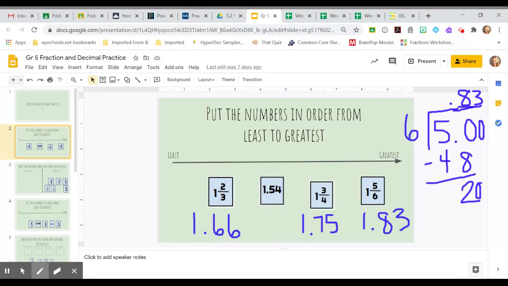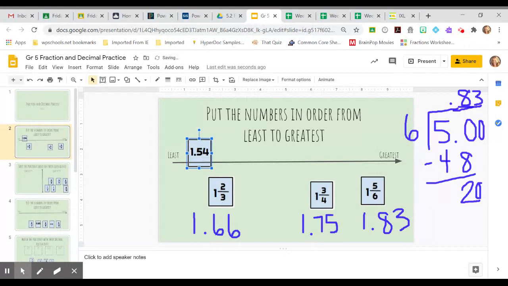The computer is a little bit slow today. So once I have that, then I can go back and compare these mixed numbers. My smallest is going to be 1 54 hundredths. You can think of this as money. If I put a dollar sign in front of that, that's going to look like $1.54.